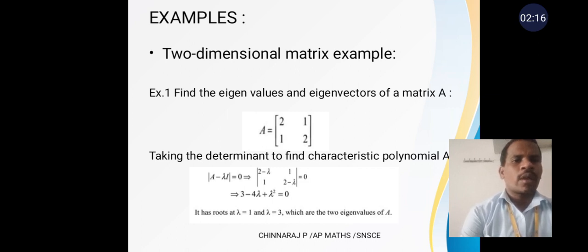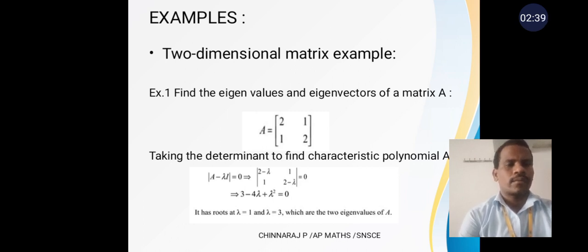Using this formula, we can simplify the given matrix. Determinant of [2 minus lambda, 1; 1, 2 minus lambda] is equal to 0. Simplifying, we get the equation 3 minus 4 lambda plus lambda squared equals 0. So it has roots at lambda equal to 1 and lambda equal to 3. These are the two eigenvalues of A.